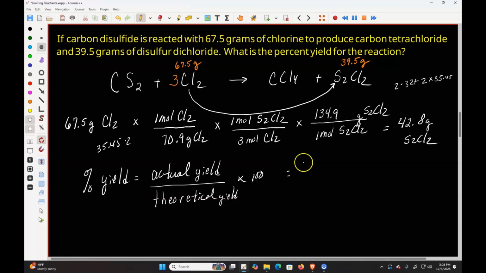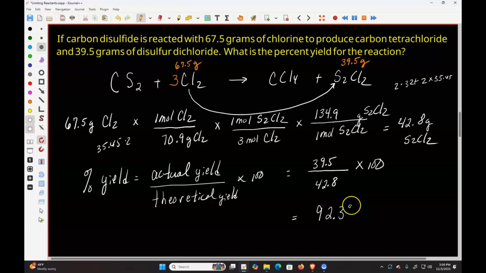So that's equal to, okay, my actual yield was 39.5. My theoretical yield is 42.8 times 100. So this would give me 92.3% yield.